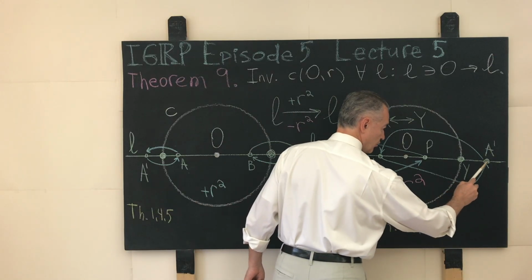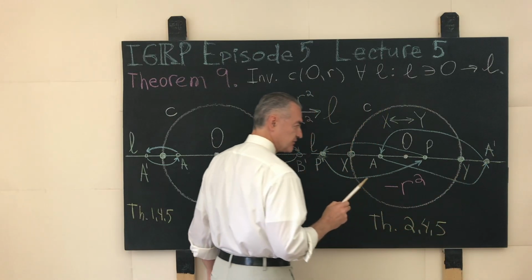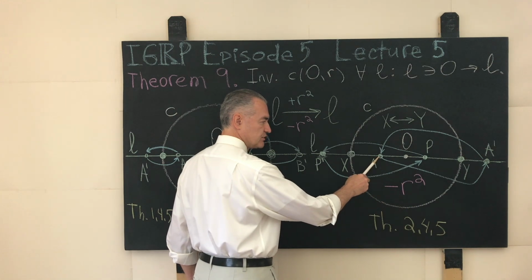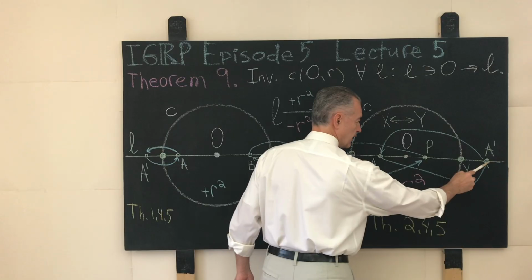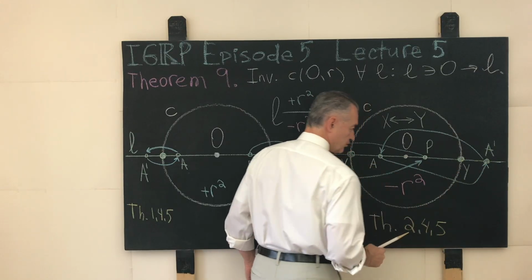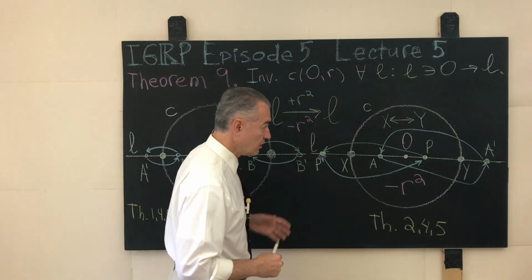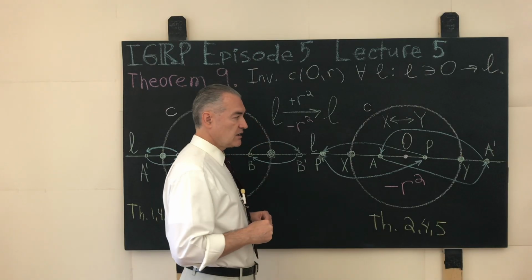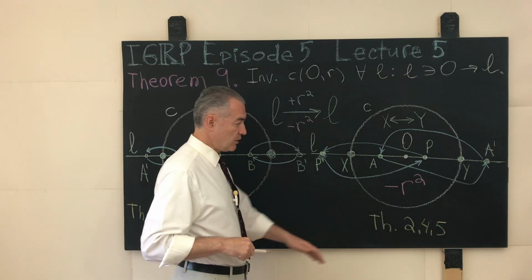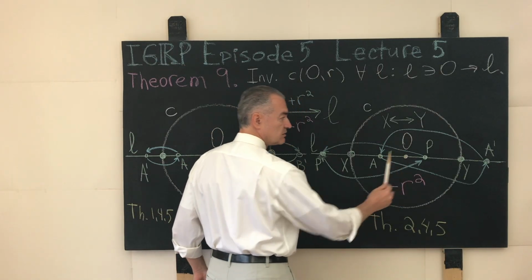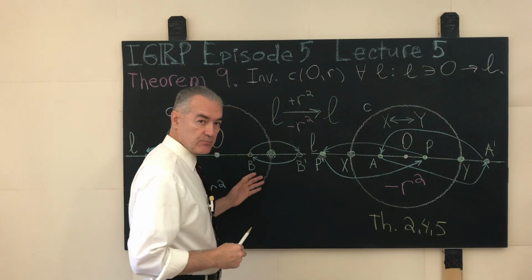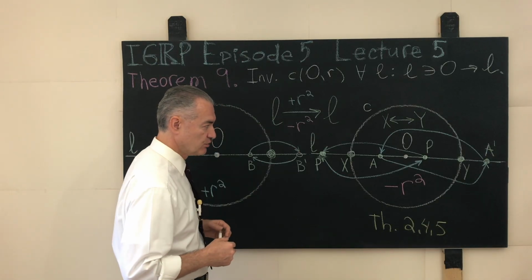There is another property over here for the point A prime, that if the pre-image point was logically to the left of the center of inversion, then the image point A prime will be logically to the right, which is to say that according to our definition number 2, when the power of inversion is negative, the center of inversion is in between the pre-image point and the image point.